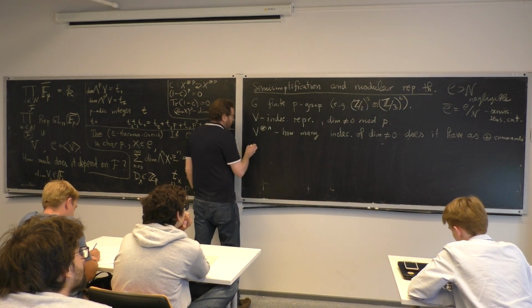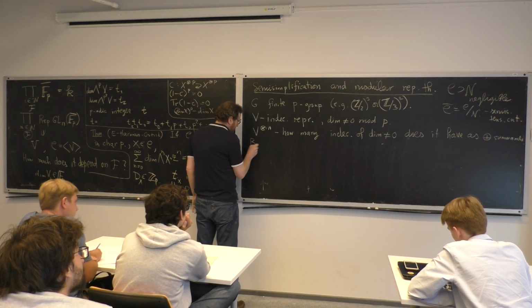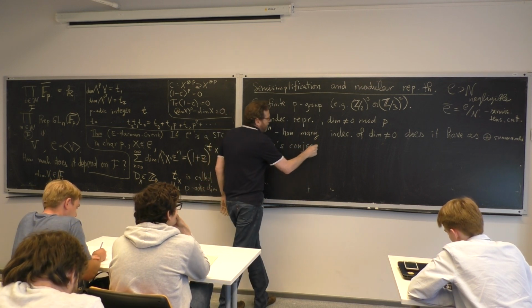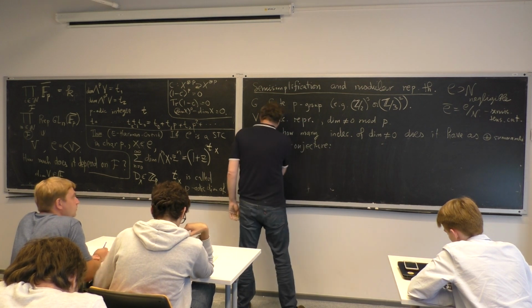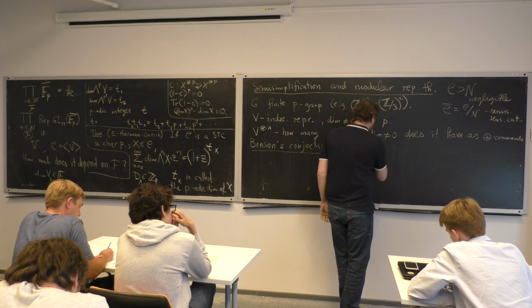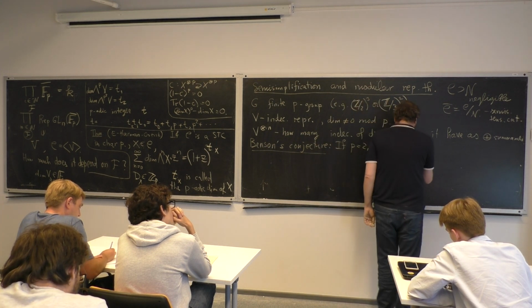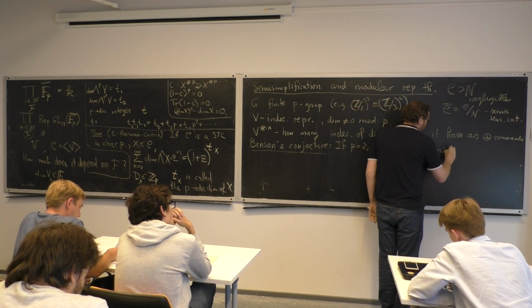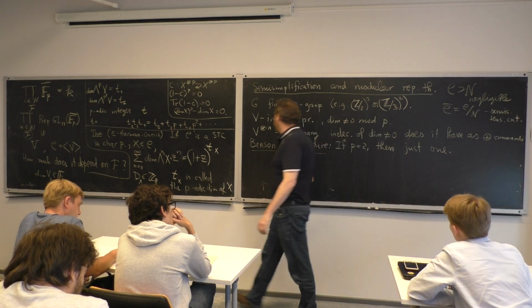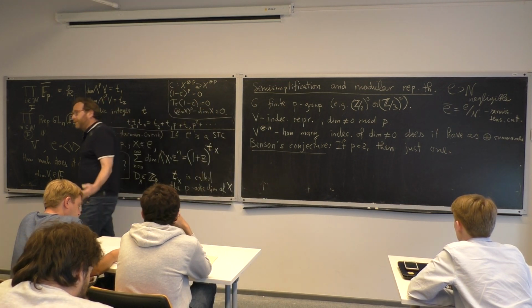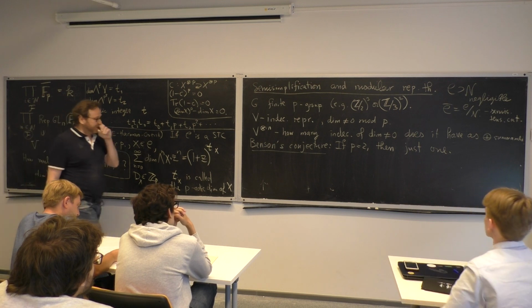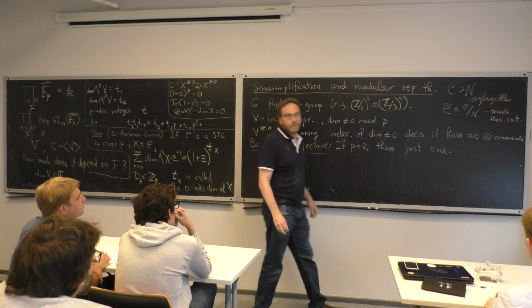So for example, there is Benson's conjecture, which says that if p equals 2, then you get just 1. Well, we have to get at least 1 because the dimension of this thing is the nth power of the dimension of V, so it is still odd if V is odd dimensional. But Benson's conjecture is that you only get 1.